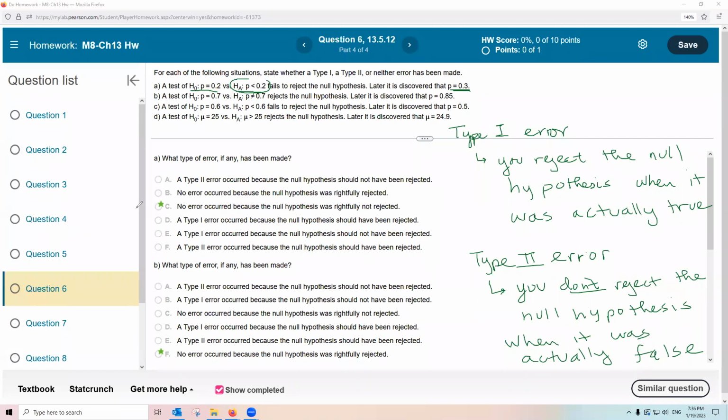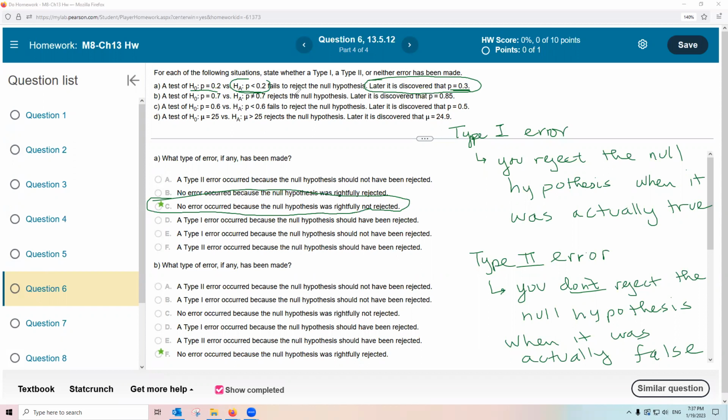No error occurred on this one because we correctly did not reject the null hypothesis, and that's what we should have done. Now keep in mind that what they're saying here is later on you discover the true value of the population proportion. That's unusual, but we're assuming that for this question.